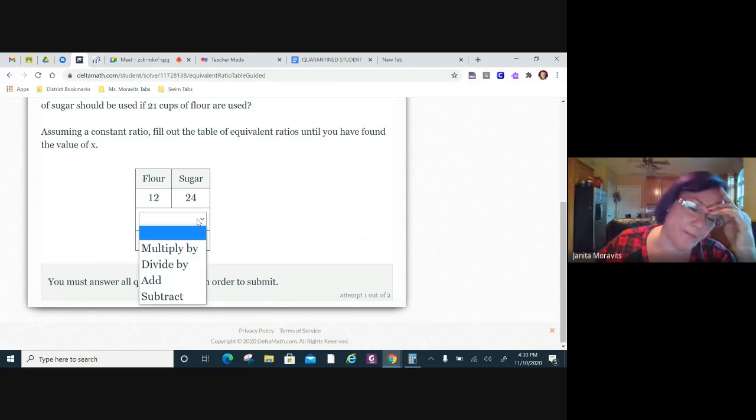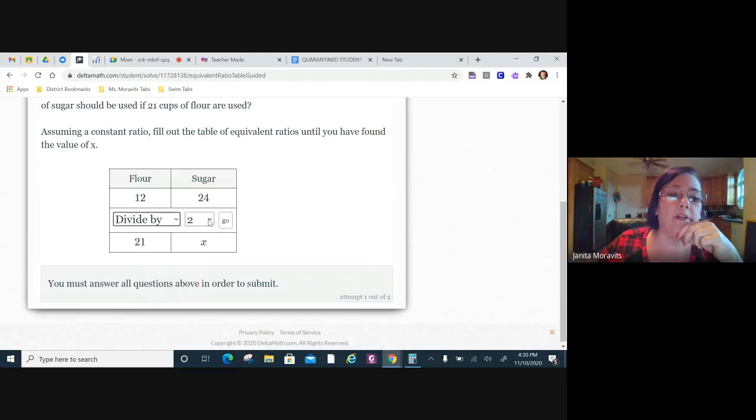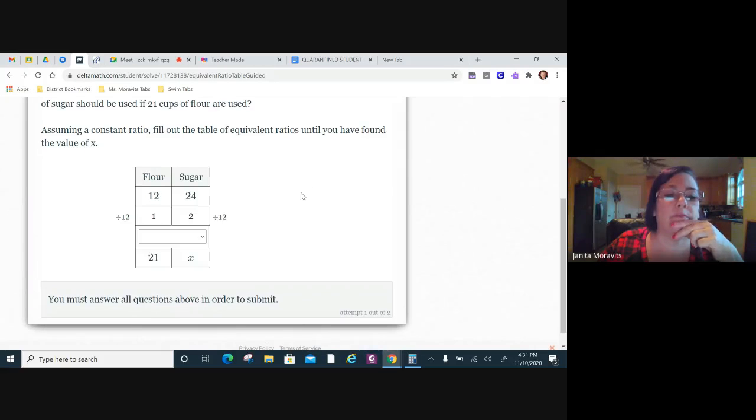So right here, we're going to divide by 12. I'm going to divide by 12 here and go. All right, so we have 1 cup of flour to 2 cups of sugar. Now what we can do is take this 1 right here, and we're going to multiply it again.